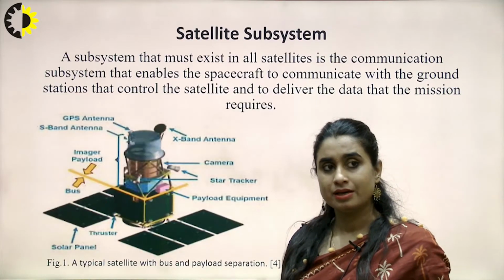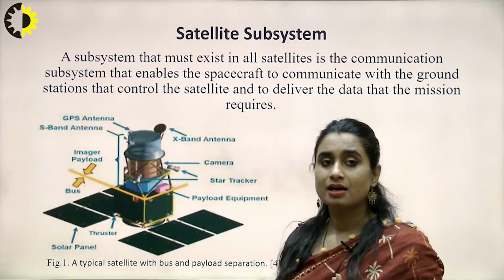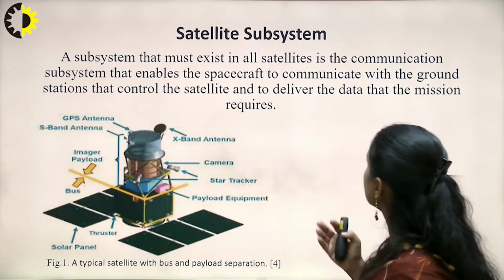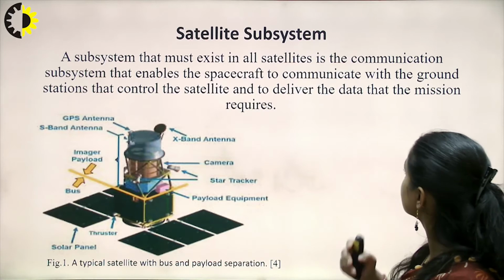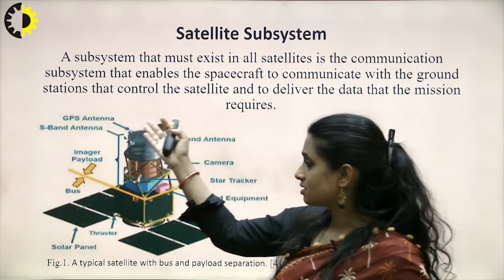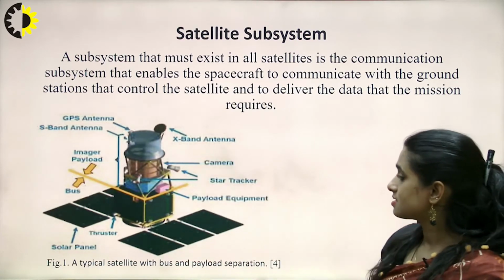So, a subsystem that must exist in the communication satellite enables the spacecraft to communicate with the ground stations that control the satellite and to deliver the data that the mission requires. So, this shows the complete picture of a satellite with the supporting subsystems, right?